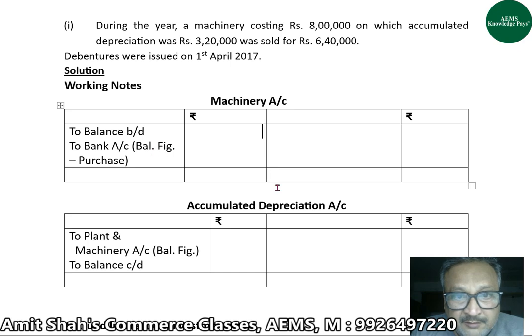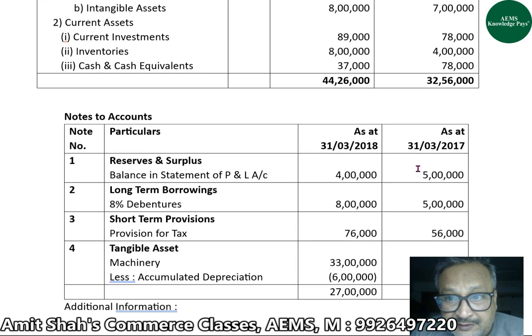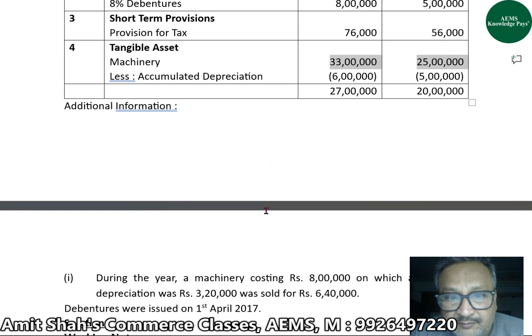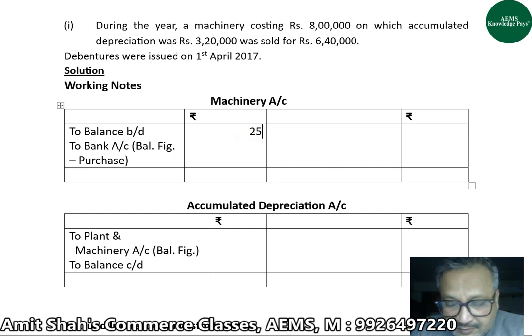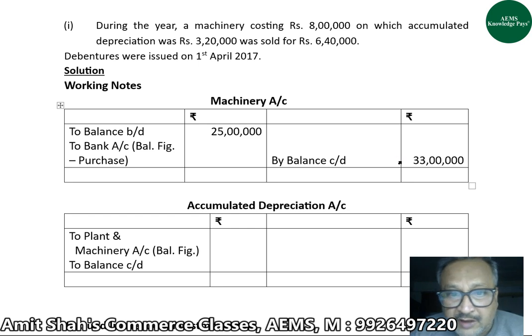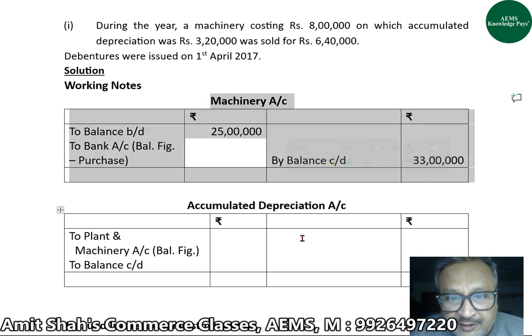Opening balance of the machinery account is 25 lakhs and closing balance is 33 lakhs. So I have written opening and closing balances in machinery account.